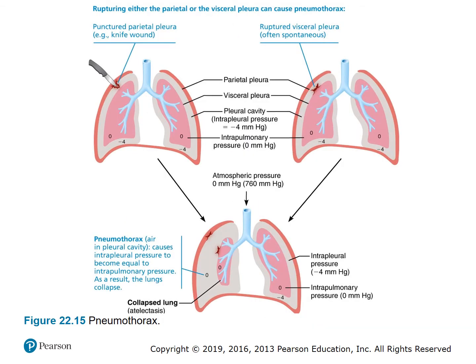So figure 22.15 shows pneumothorax. Okay, so rupturing either the parietal or the visceral pleura can cause pneumothorax.